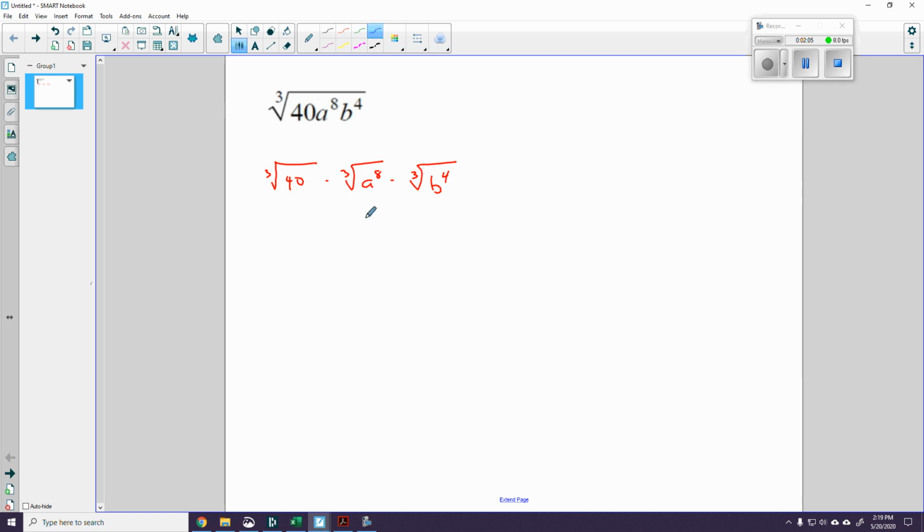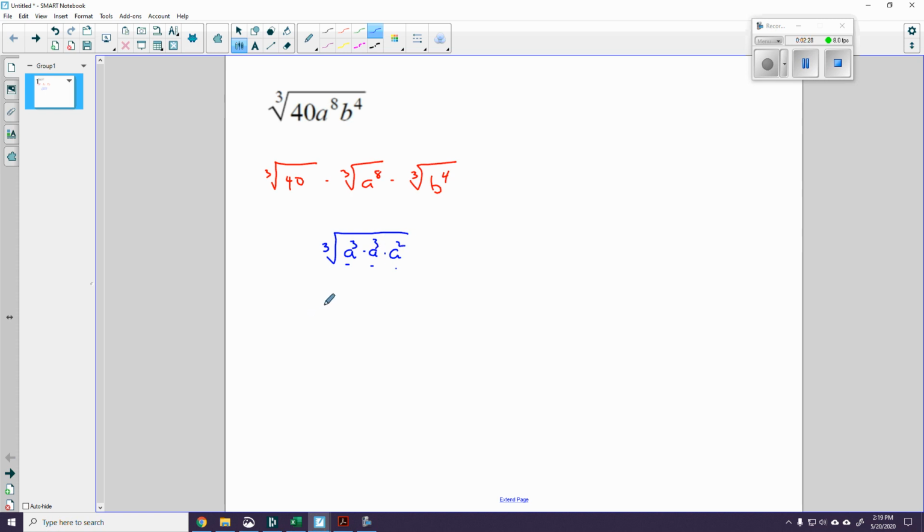The cube root of a to the eighth, I could rewrite as the cube root of a cubed times a cubed times a squared. Remember, if I multiply these together, I add the exponents, and 3 plus 3 is 6 plus 2 is 8.